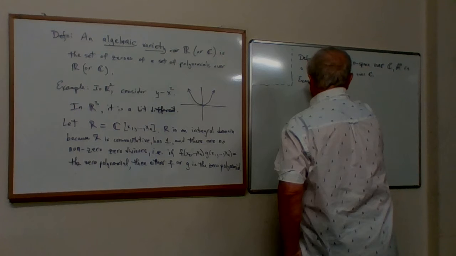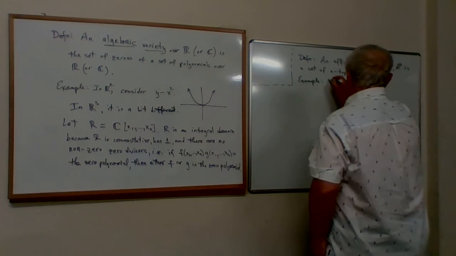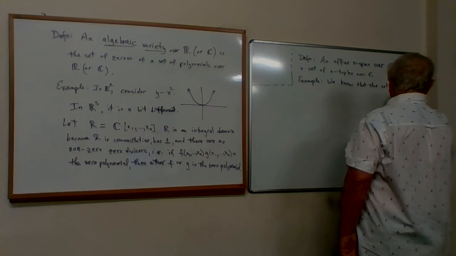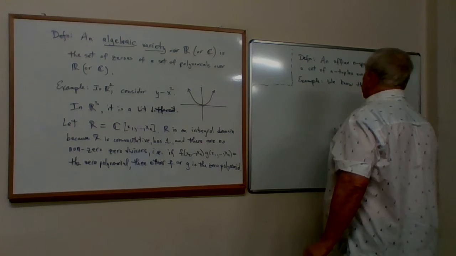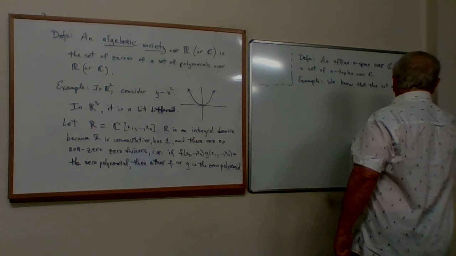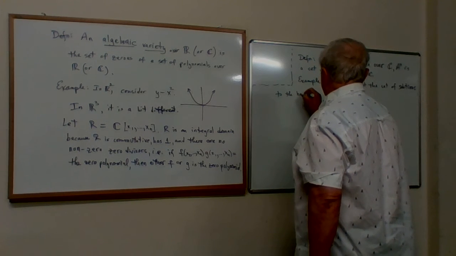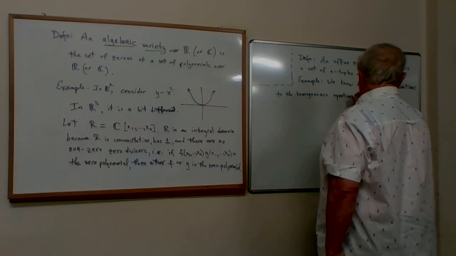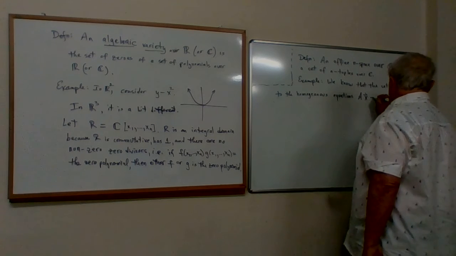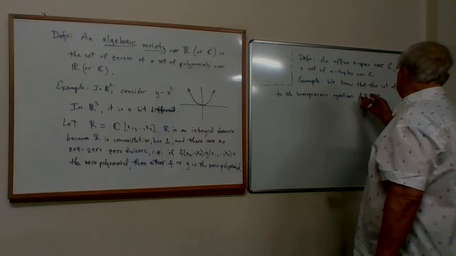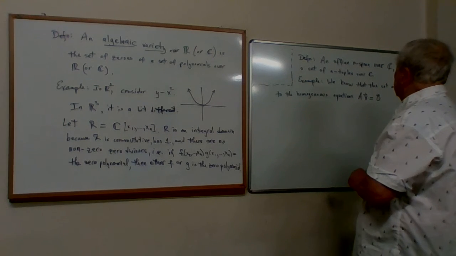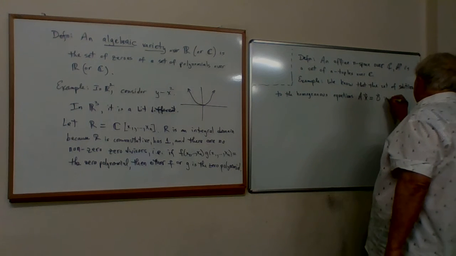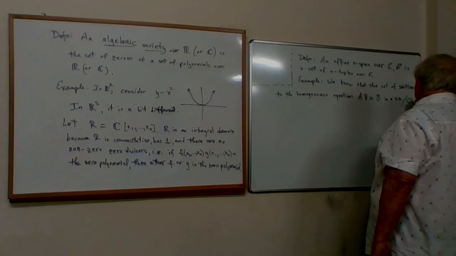Let's do an obvious example. From linear algebra, we know that the set of solutions to the homogeneous equations Ax equals the zero vector, so that's a system of, say, n equations, and it doesn't matter whether there are more equations than unknowns or not, but the set of solutions to the homogeneous system is a vector space over the field.